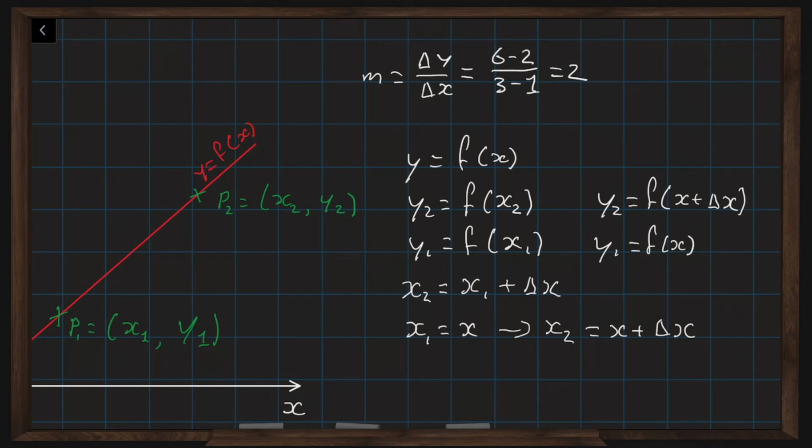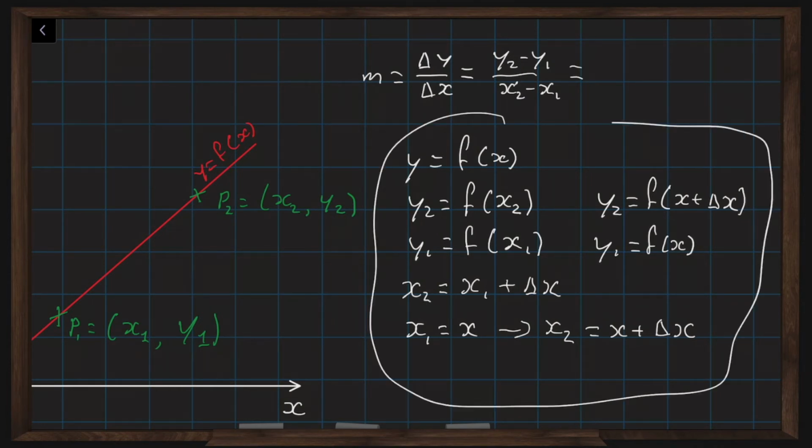So if we take the equation at the top, we get rid of those specific values. And we just say that this is y2 minus y1 divided by x2 minus x1. But then we write it in the terms that we have outlined here.